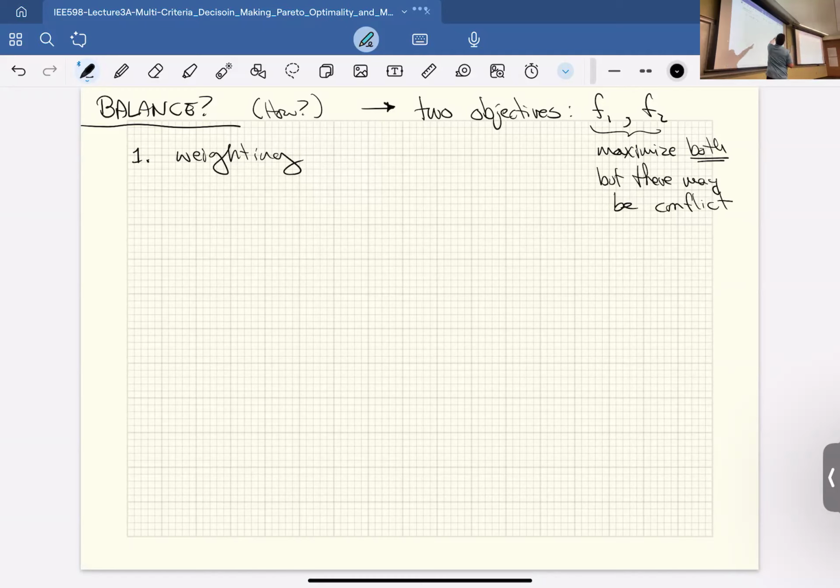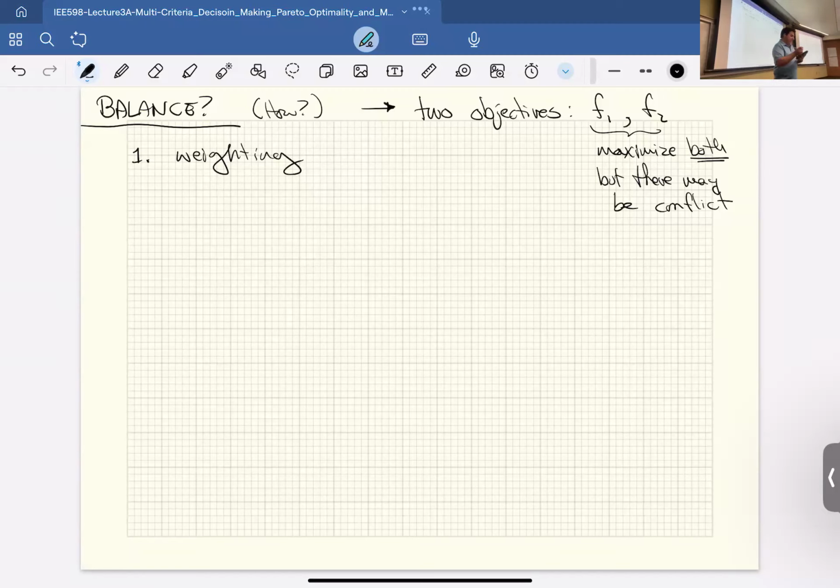In this case, F1 might be the profit of the knapsack, and F2 might be the negative of the weight of the knapsack. So by maximizing both, I hopefully maximize profit and minimize weight.